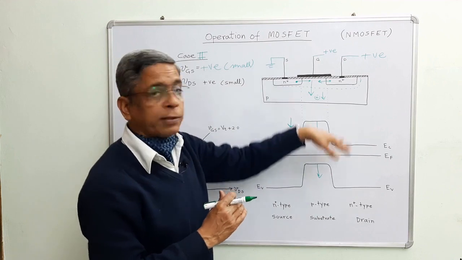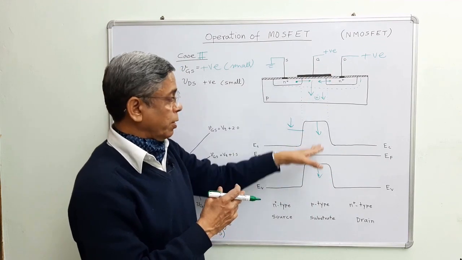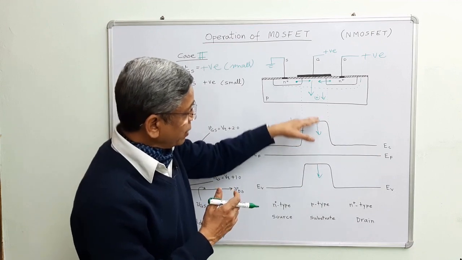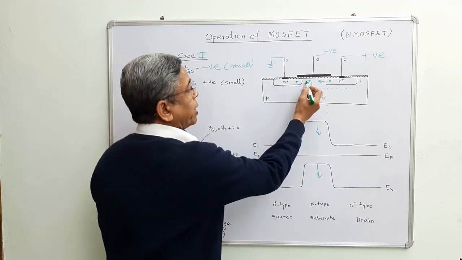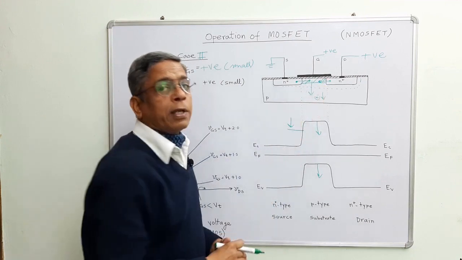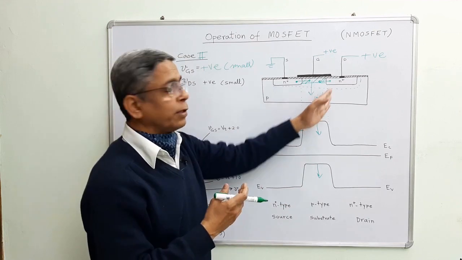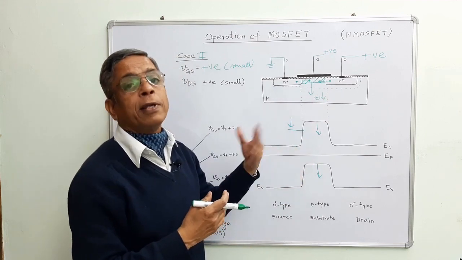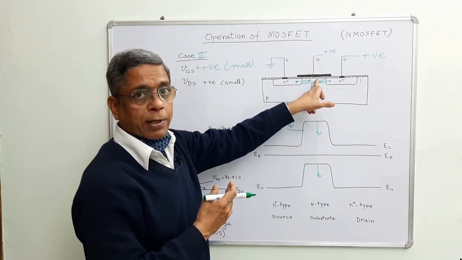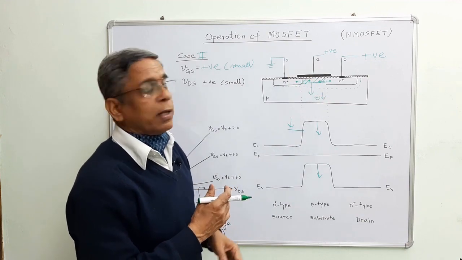That means the whole device can be viewed as a gate controlled potential barrier. Reducing this height means this region becomes less p-type but more n-type. This is the situation which we call inversion channel. Inversion: this was p-type, now it is becoming n-type.